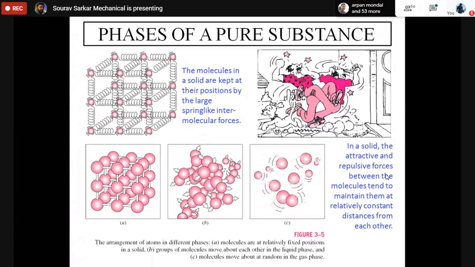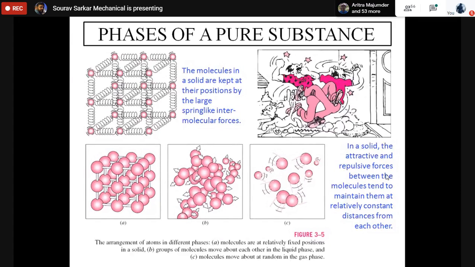So the 3 common phases we deal with in thermodynamics are the liquid phase, the solid phase and the gas phase. Where the attracting forces are very strong, that is the solid phase. If the attraction force is not so high, and the molecules are free to move relative to each other, but they are not independent, there is a connection between these molecules and they can move relative to each other, this is the liquid state.